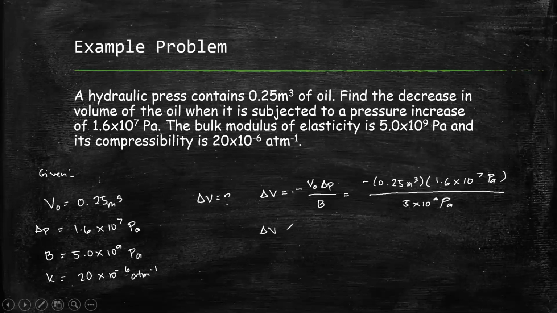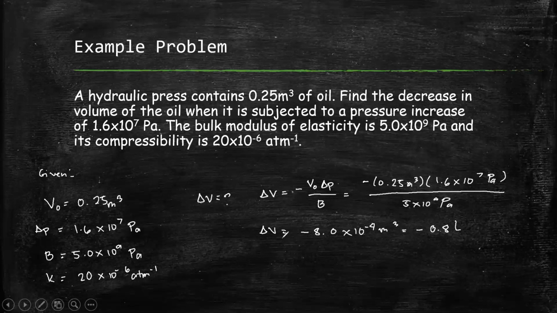Therefore, our decrease in volume is negative 8.0 times 10 raised to negative 4 cubic meter, or negative 0.8 liter. You can convert this into liters.